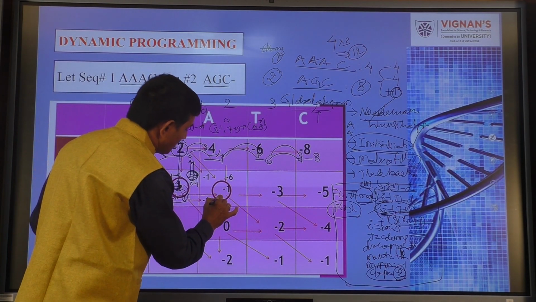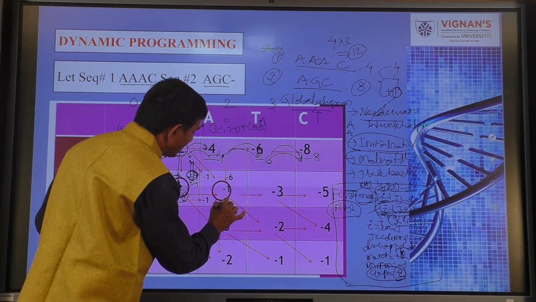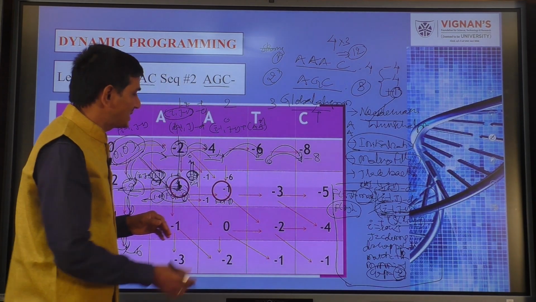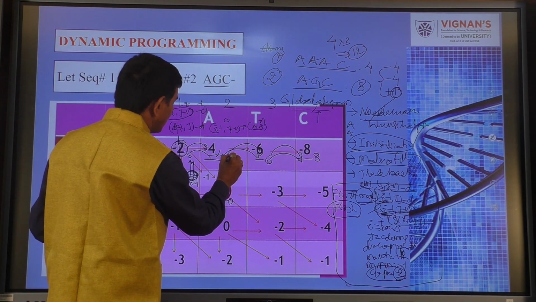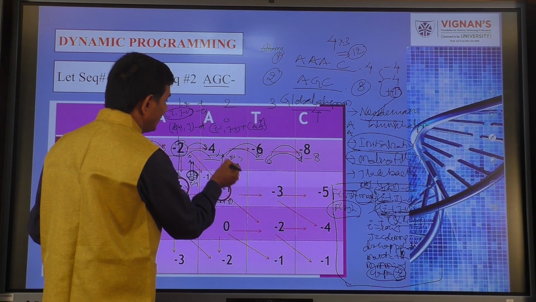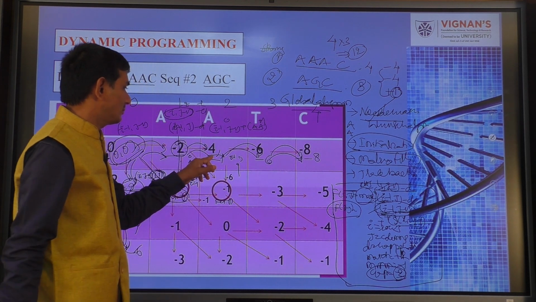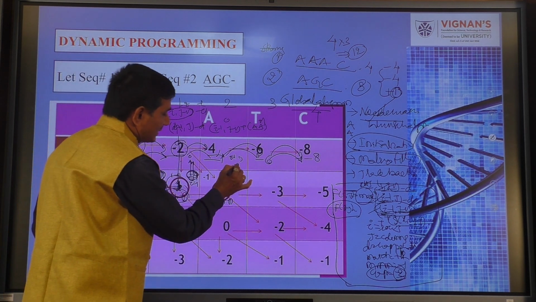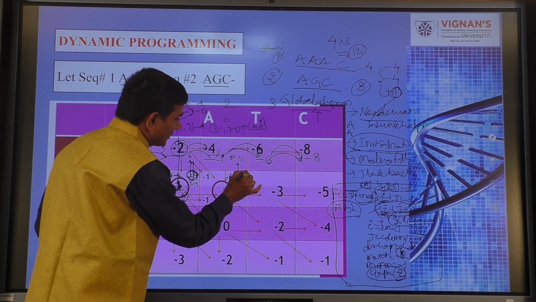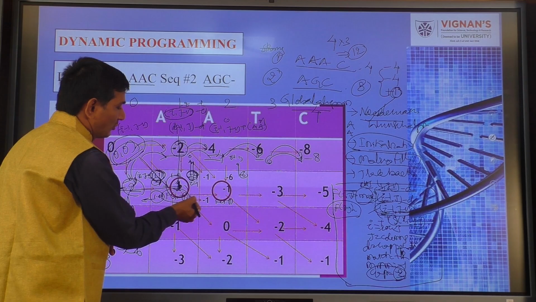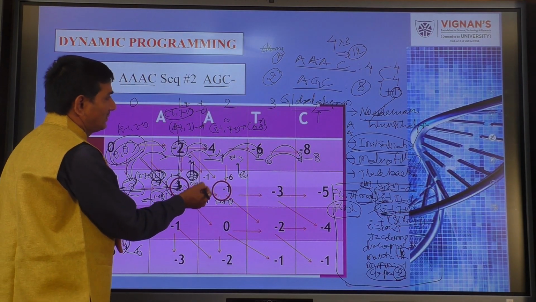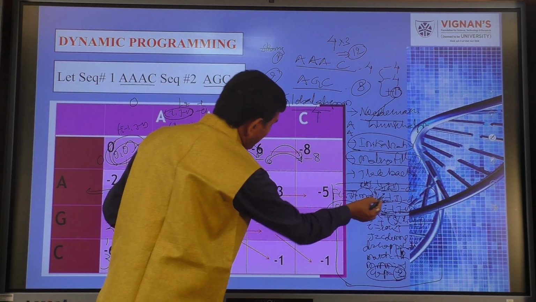Next, coming to the second box, the address for this particular box is again f of i comma j. As we move up there is a change in row, that is i minus 1 comma j. The value in the box is minus 4 and the gap is minus 2, so minus 4 minus 2 gives us minus 6. Similarly, when we move to the left, that is change in the column, it is i comma j minus 1.